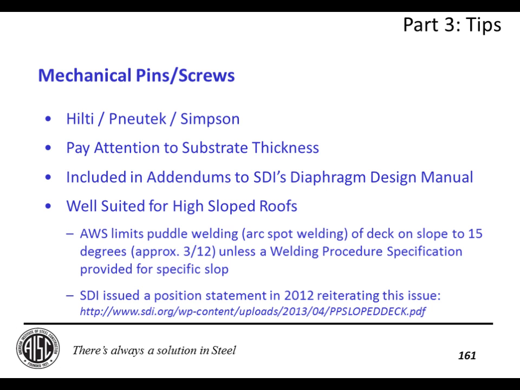AWS actually limits puddle welding on roofs that are higher than 15 degrees, and SDI issued a position statement in 2012 that reiterates this issue, saying that you should use some sort of mechanical fastener for a highly sloped roof. So overall, if I have a job that's large enough to warrant it, I certainly would recommend you consider using mechanical pins in lieu of traditional puddle welds.